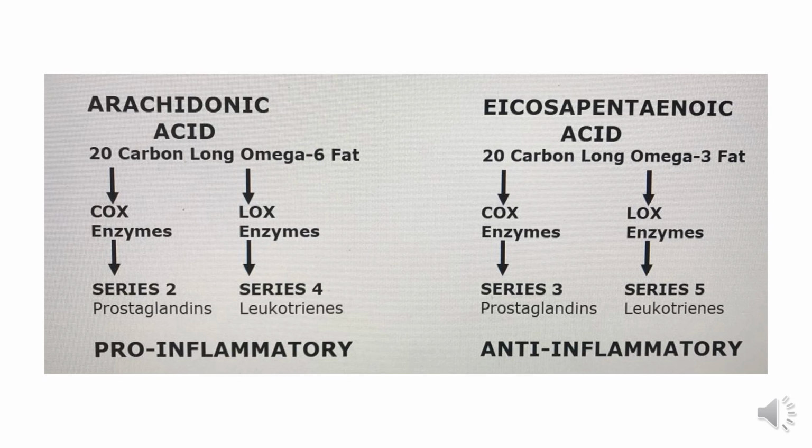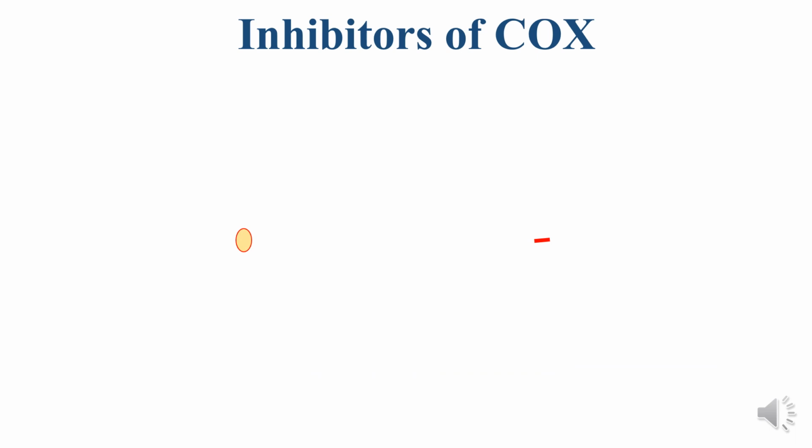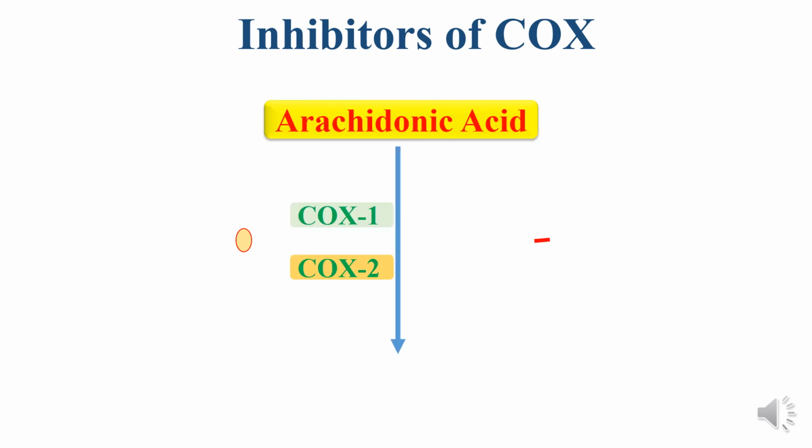Now let us look at the inhibitors of COX. Arachidonic acid gives rise to prostaglandins by the action of cyclooxygenase 1 and 2. So there are two types of cyclooxygenase, 1 and 2. Cyclooxygenase 1 is a housekeeping gene and it is always active, whereas COX-2 is an inducible gene, so it is activated in different situations when required.